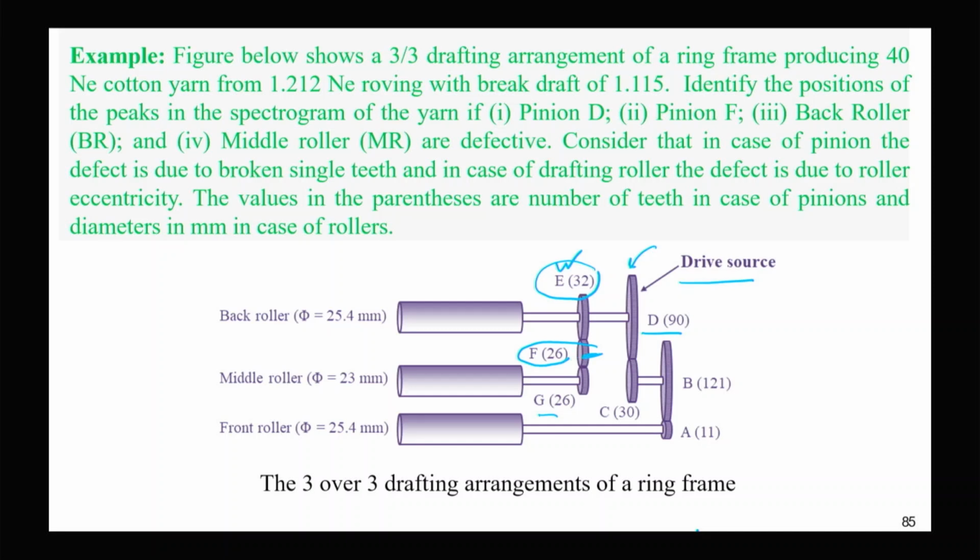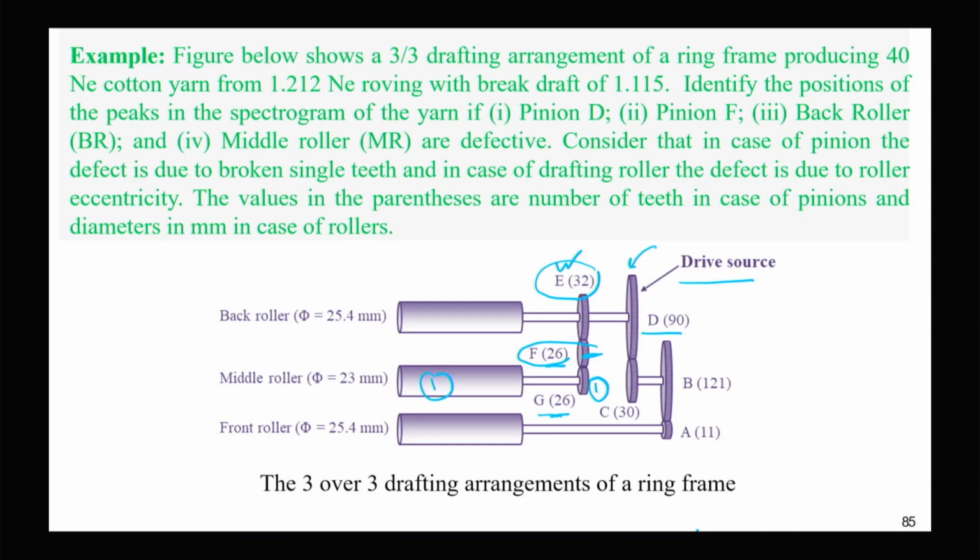So for one revolution of F, G is getting one jerk. The number of teeth for F and G are the same. So for one revolution, G will get one jerk, so the middle roller will rotate one revolution.